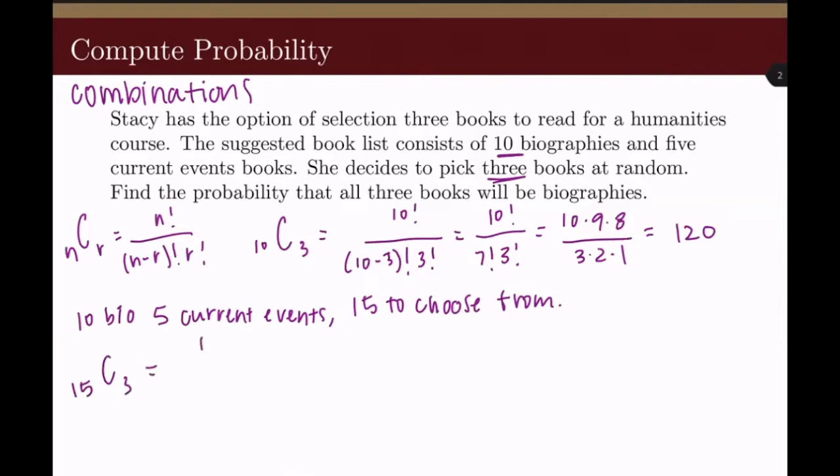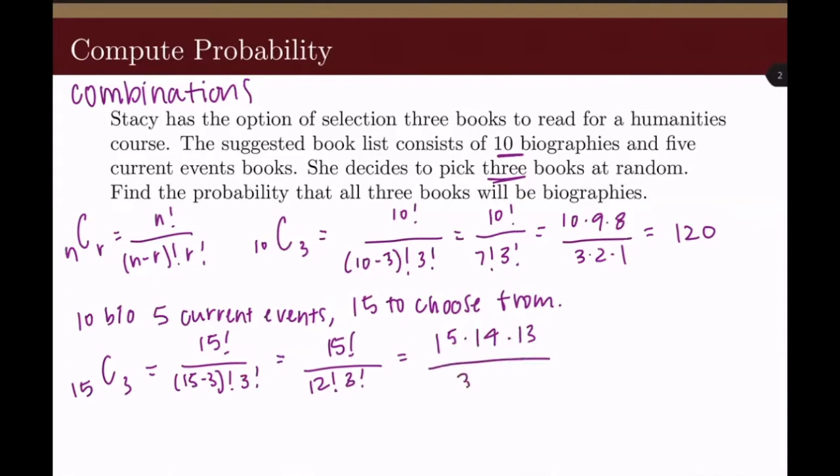So that's 15 factorial divided by (15 minus 3) factorial times 3 factorial, which is 15 factorial divided by 12 factorial times 3 factorial, which is equal to 15 times 14 times 13 divided by 3 times 2 times 1, which is 455.